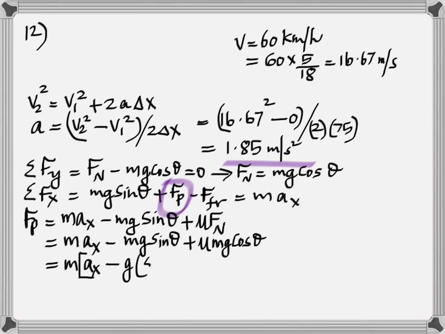Mass is taken out because it's in all the terms. G could be taken out from those two.